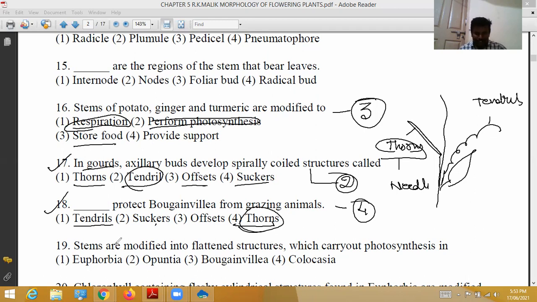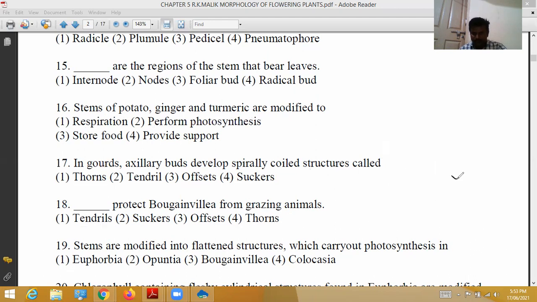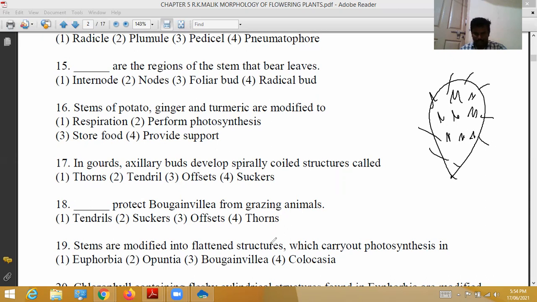Next, 19th question: stems are modified into flattened structures which carry out photosynthesis in. In Euphorbia, the stem is not modified. In Opuntia, the stem is modified into flattened structures which carry out photosynthesis.